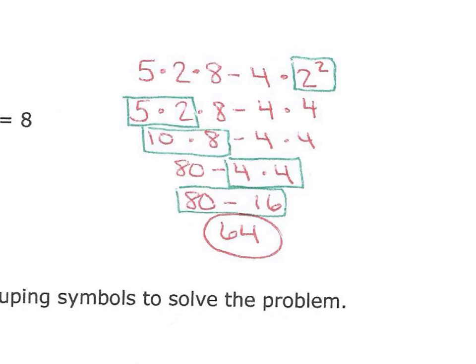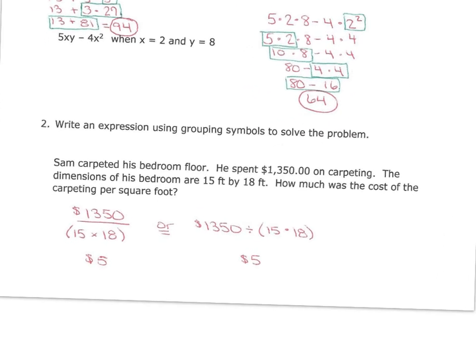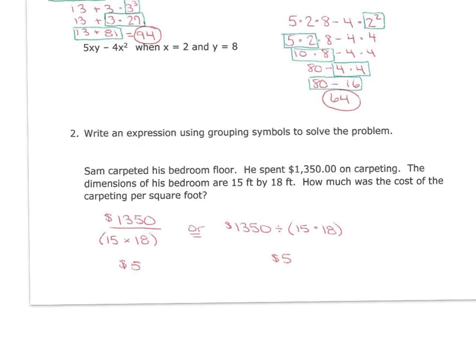Again, if you did not get 64, please go back and check to see where you made your mistakes. And then the last problem could be written a couple of ways. You still get 5 as your answer, depending on how you write it. You could write it as a fraction, 1,350 divided by parentheses 15 times 18, or you could write it out like this.